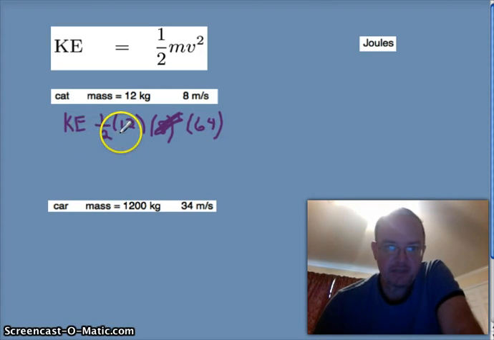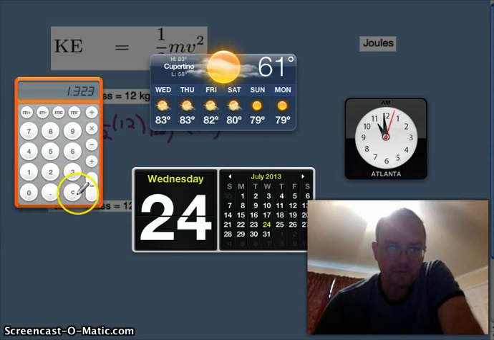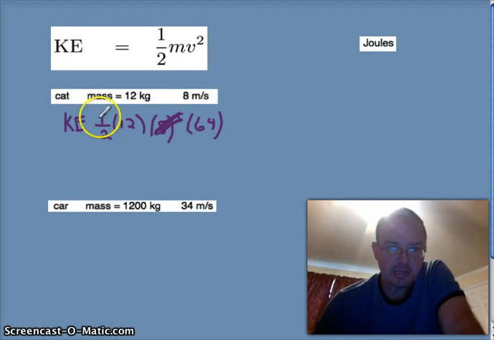So we have 1/2 times 12 times 64. Let's go to our dashboard. 1/2 is 0.5 times 12 times 64 equals 384 joules. So the kinetic energy equals 384 joules.